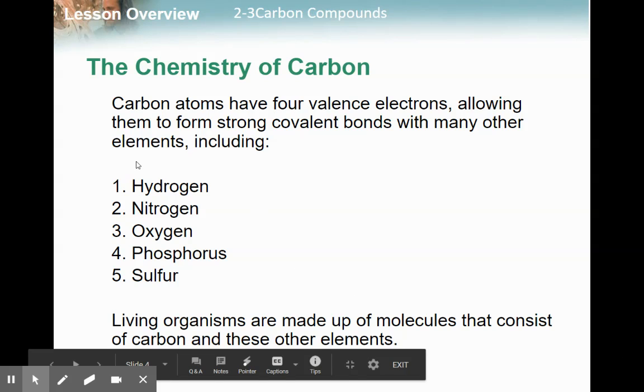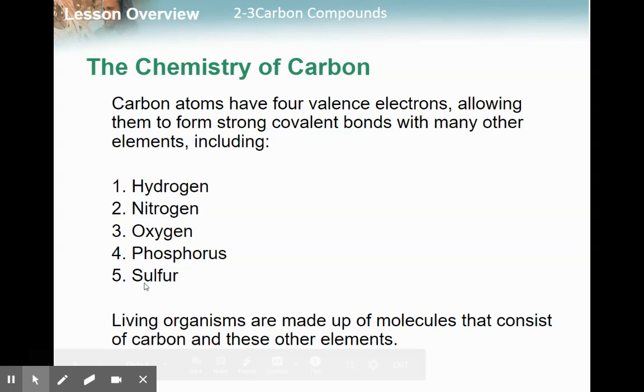And the way I remember them, if you put a C up here for carbon, this spells out CHNOPS. CHNOPS is the first letter of the elements that make up many different living things.